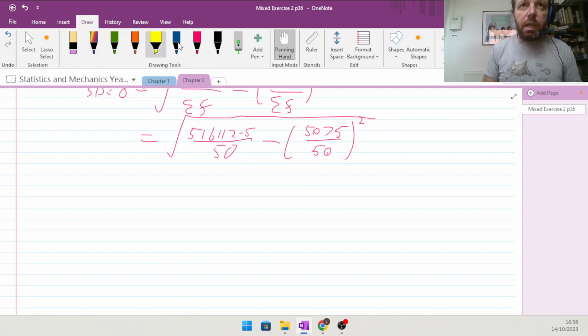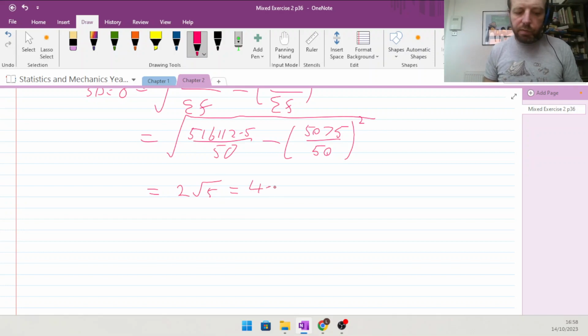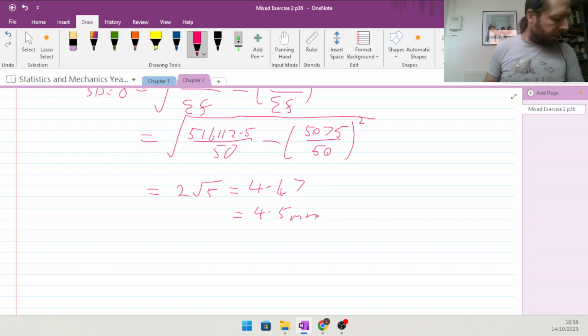And it tells me neatly that it is 2 root 5. This is statistics, so let's give it a decimal, 4.47, which is equal to 4.5 millimeters. Okay, question 9.